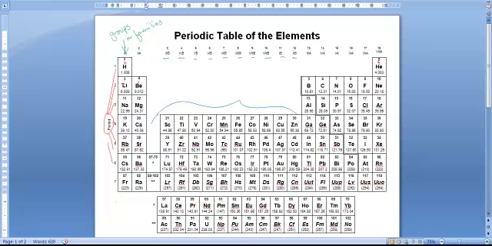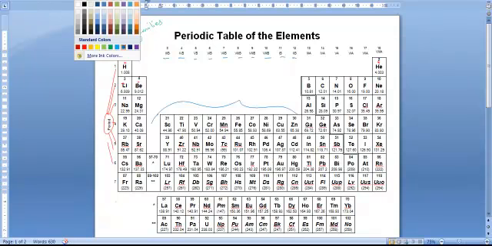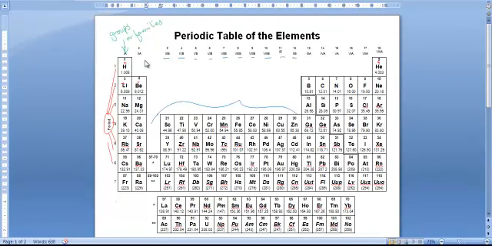We also have the part here that sticks way up. So these two over here, these 6 over here. Okay. These ones that stick up, these are what we call main group or representative elements.